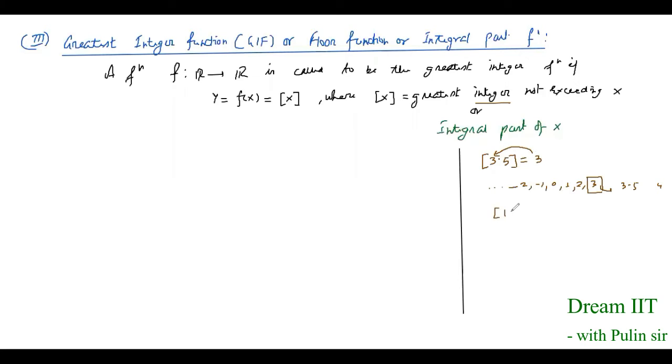Similarly, if tomorrow somebody says 10.9, what is the value? Yes, it is 10, because it is lying between 10 and 11.